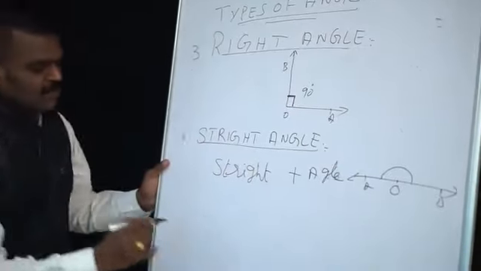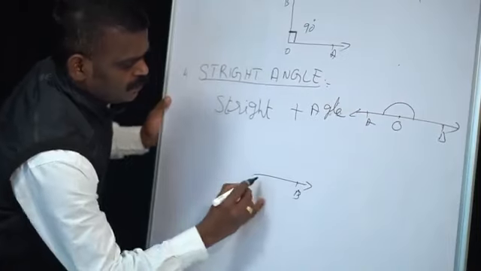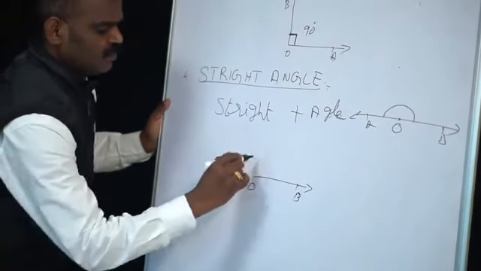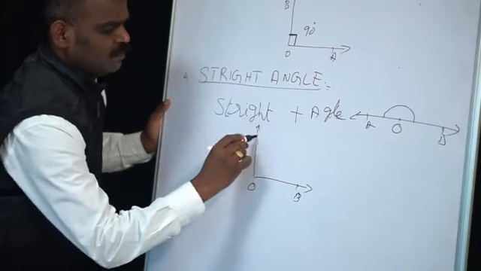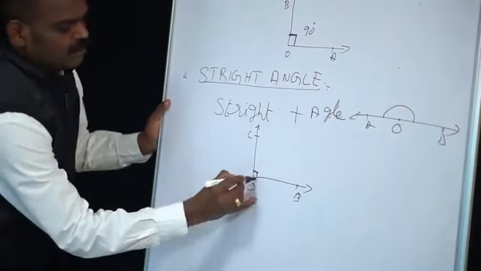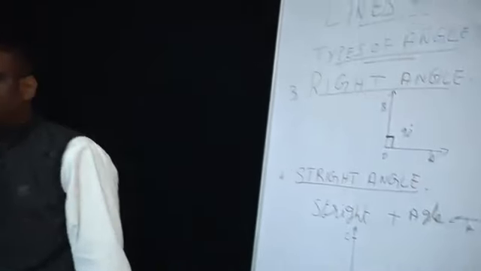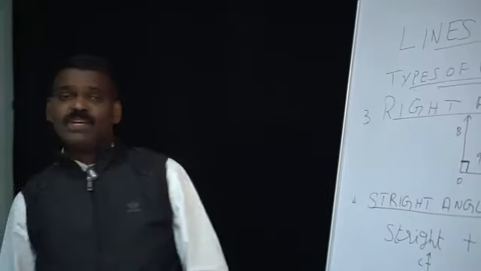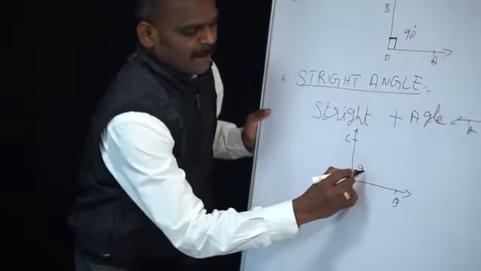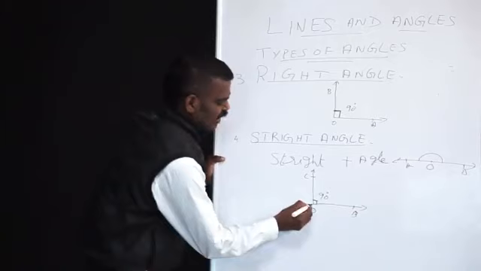I will explain with one more example. Can you tell me what is this? Right angle. Am I right? How many degree does it have? 90 degree. Now I am going to draw one more right angle.